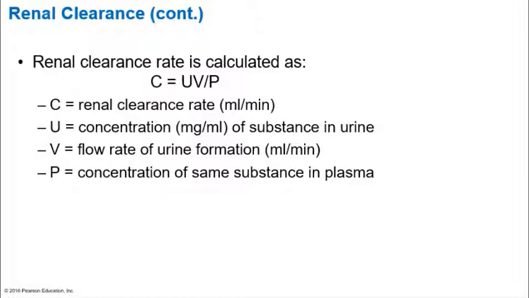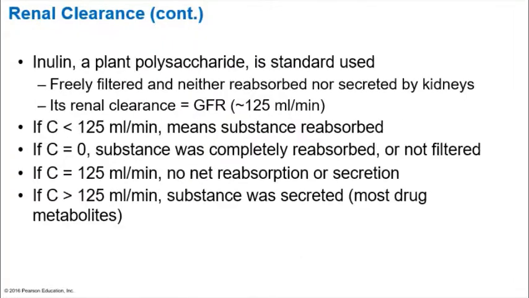Concentration of the substance in the urine times how fast you make the urine divided by the concentration of the substance in the plasma. That's your clearance calculation. It's basically how fast can you pull out that substance. And that's related, or helps me to infer, the glomerular filtration rate.